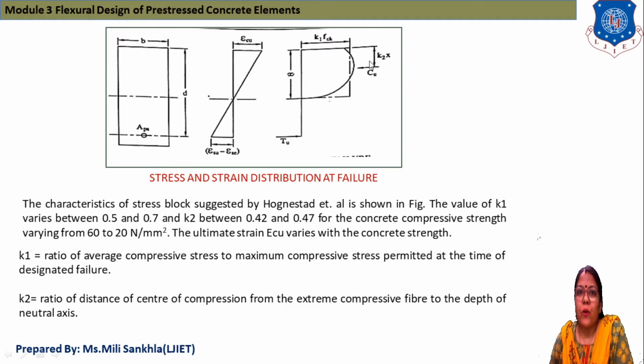From the top fiber to the level of this Cu is K2x, and this is our Cu compressive, and the bottom is subjected to tensile. Now according to this figure we discuss the theory.